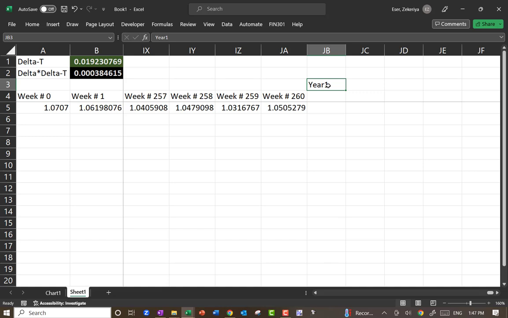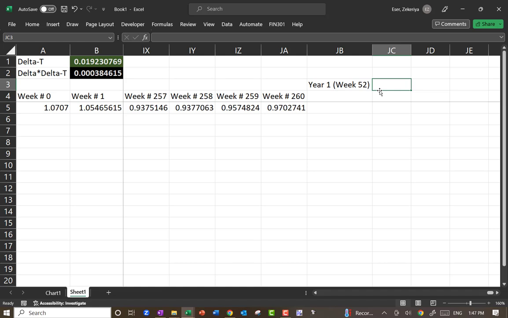This is year 1 or week 52. Year 2, year 3.